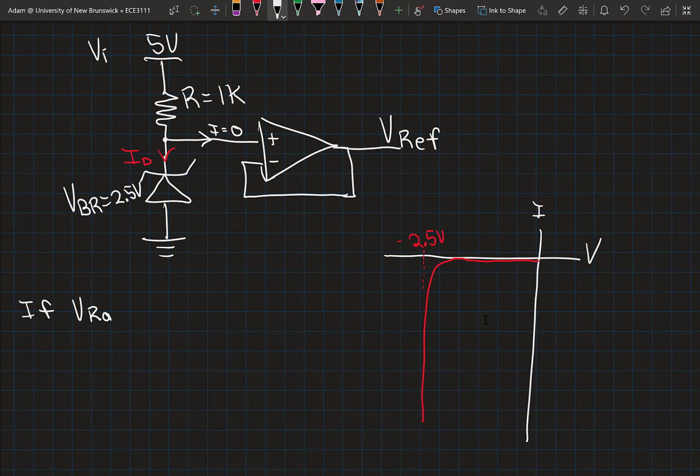I'm going to call this V rail, as we often call our supply voltage our rail voltage.